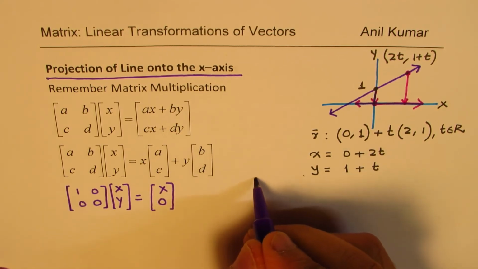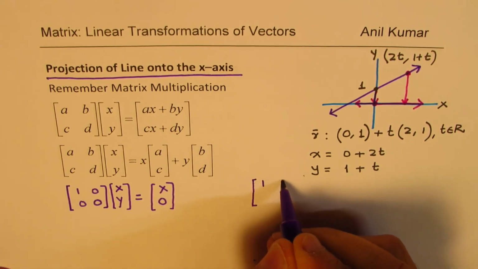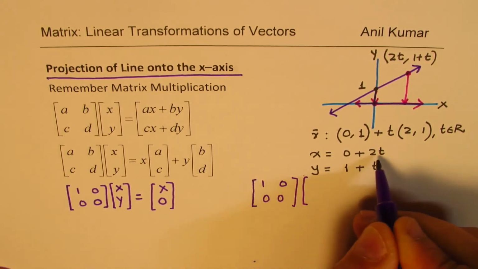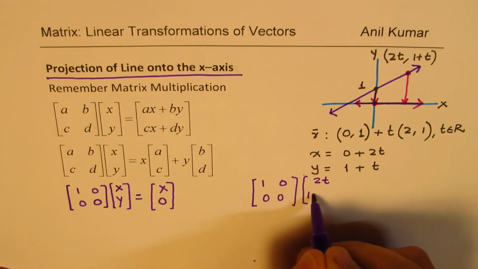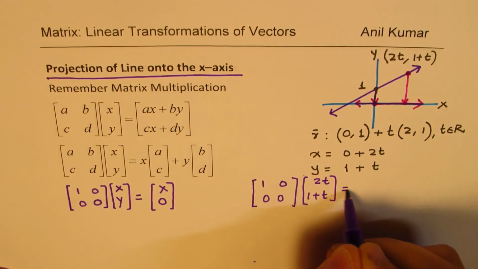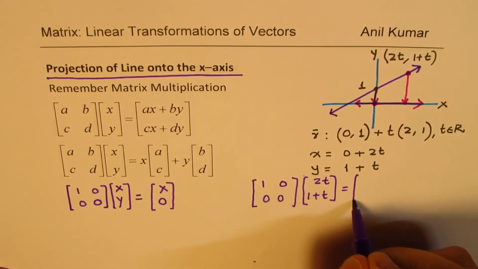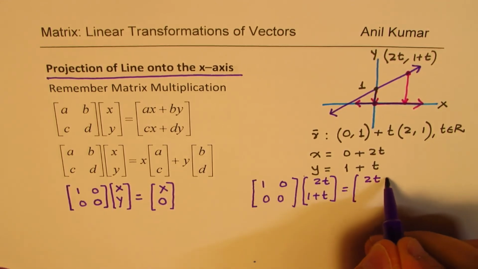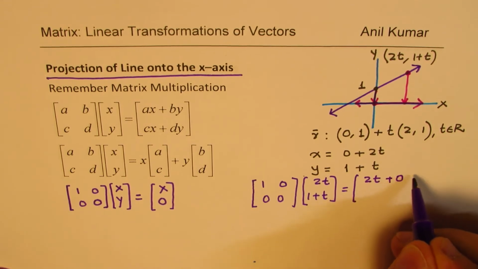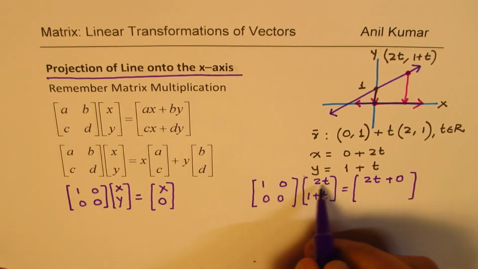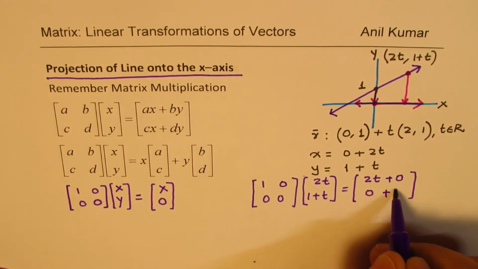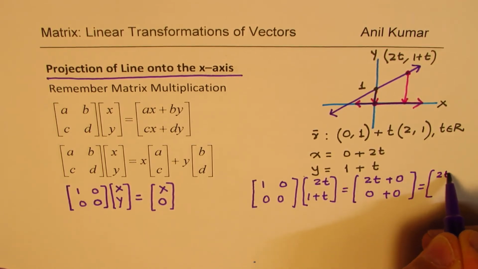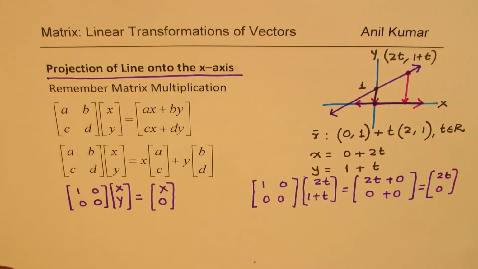Is that clear? So let's do it. We have this transformation matrix, which is 1, 0, 0, 0. And now we have a point here, which is 2t, 1 plus t, and when I do this, what do I get? So 1 times 2t plus 0, and here we get 0 times this, which is 0, plus 0, so that basically gives us 2t, 0 as a new point.